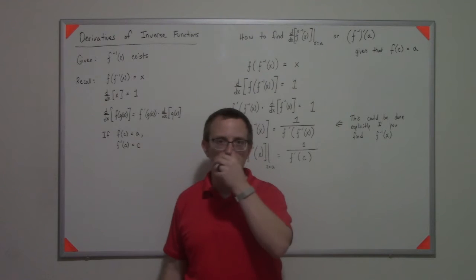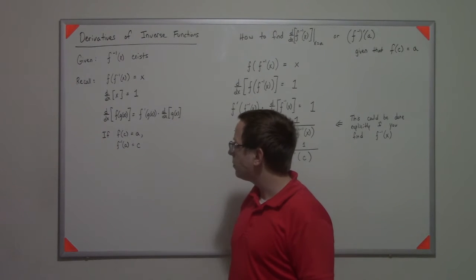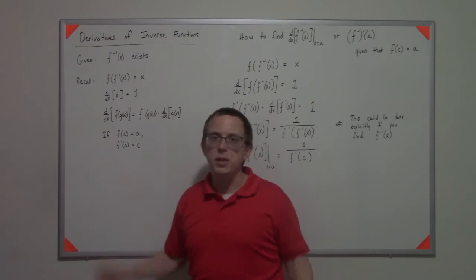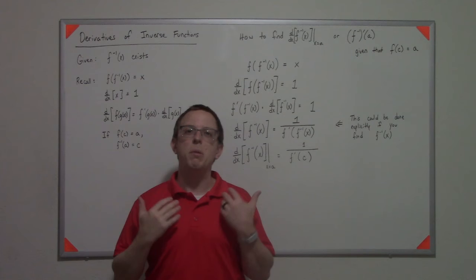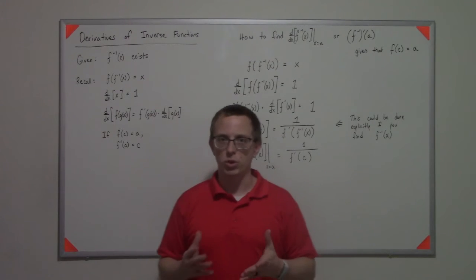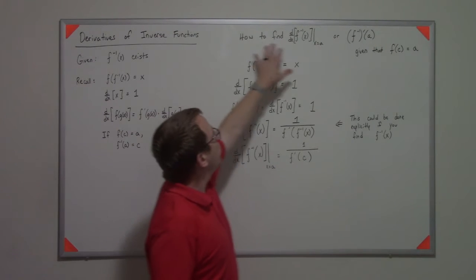They have that relationship that you can run it through that way. So we're going to use all of these pieces over here, and we're going to kind of do a mini proof of how do we get there, and then we're going to use that result as we do examples.